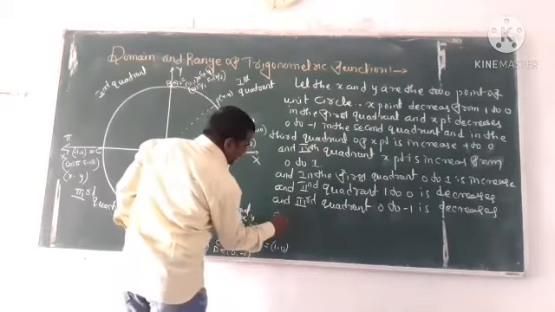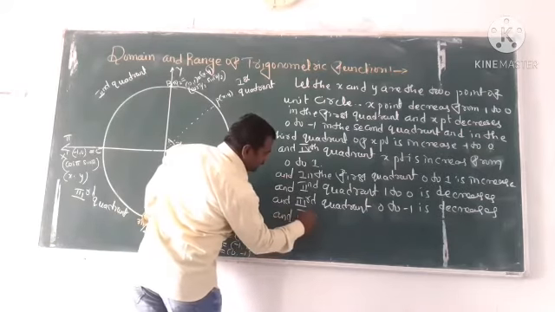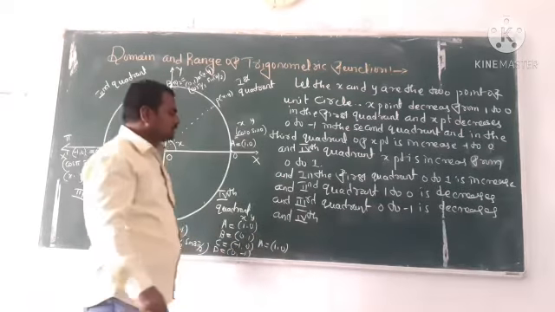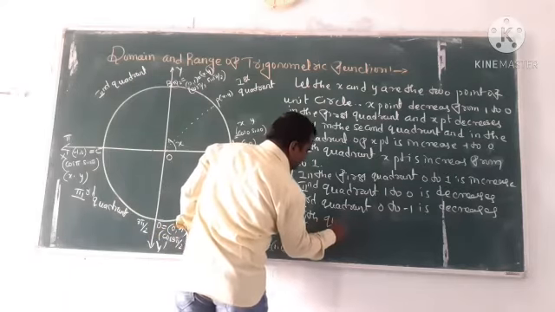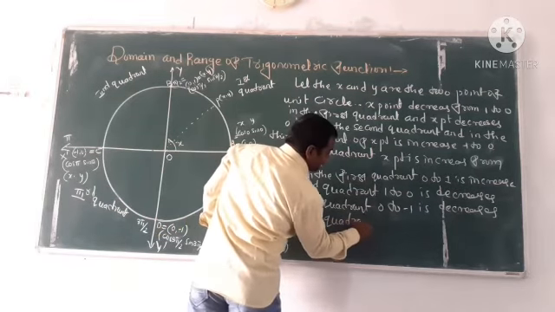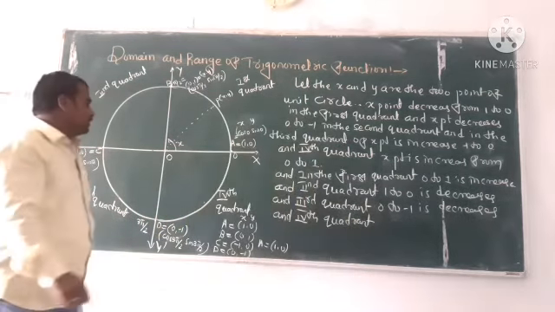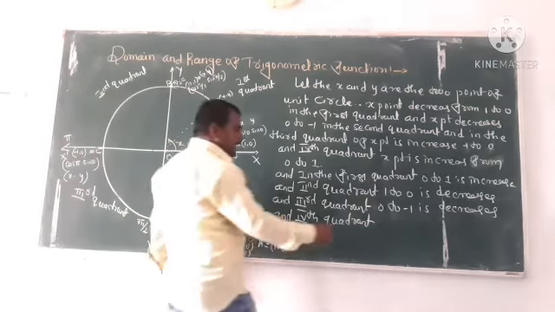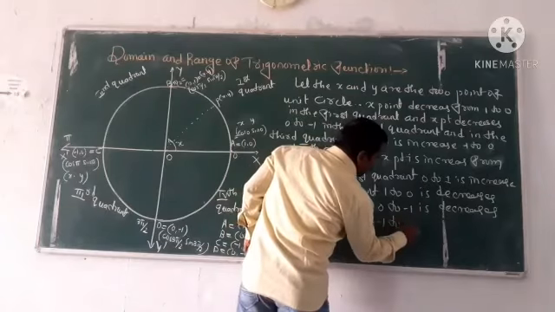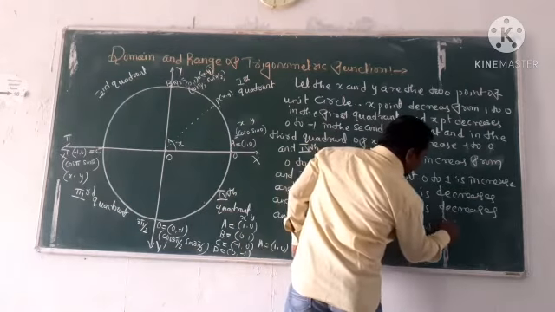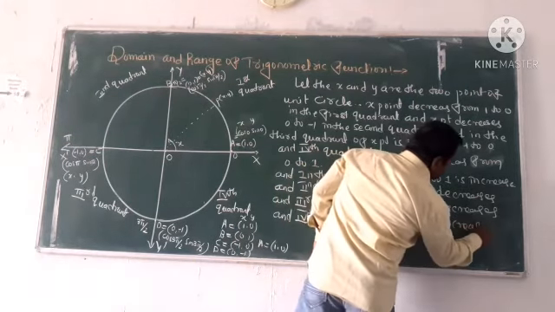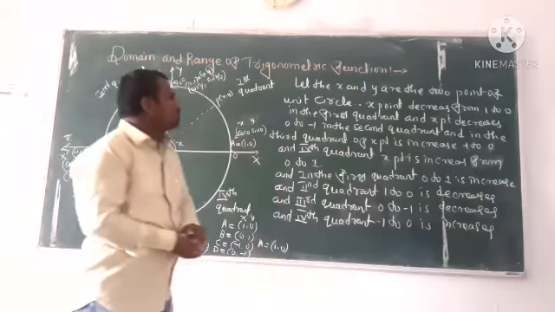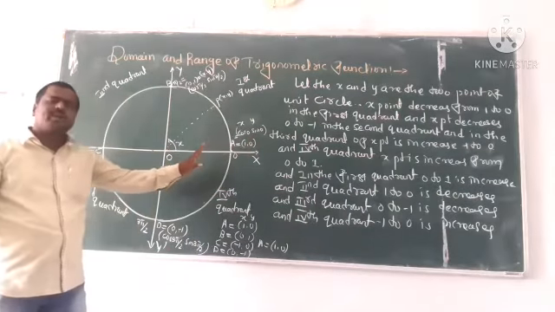And last, the fourth quadrant: y goes from minus 1 to 0, so it increases, right? So I am only considering the x and y points.